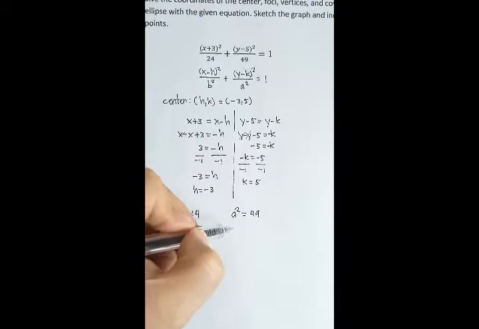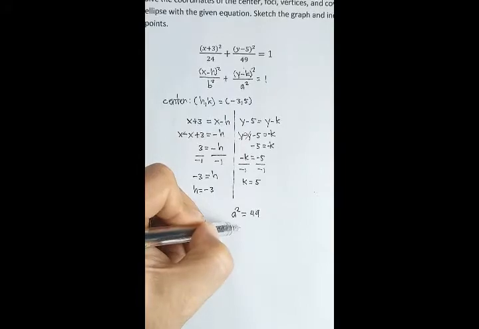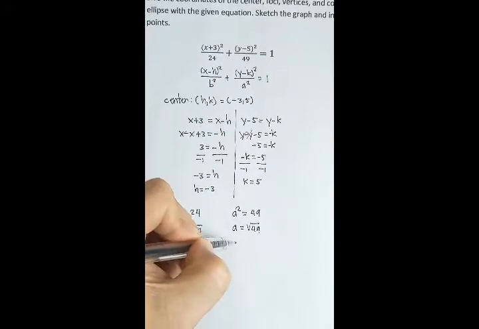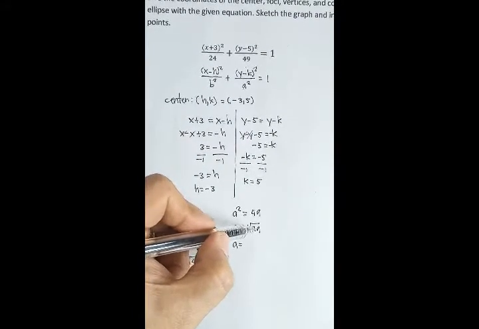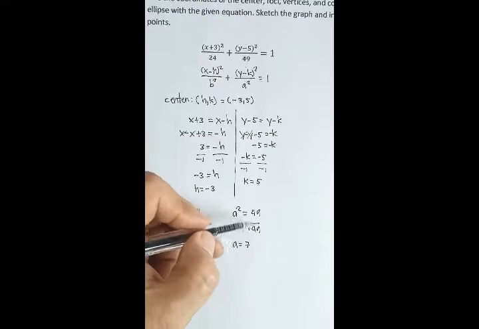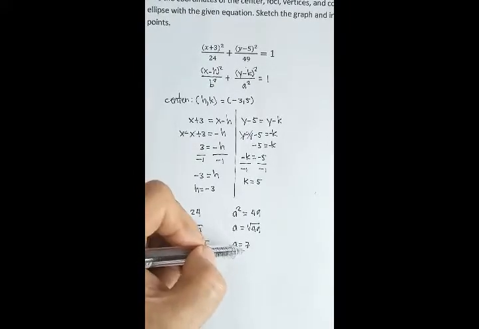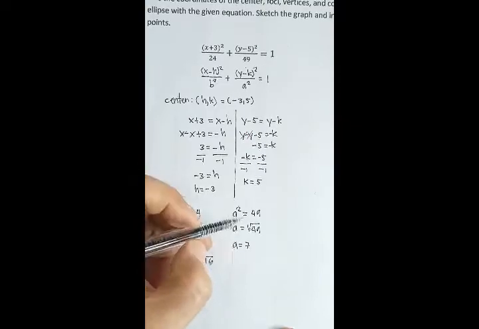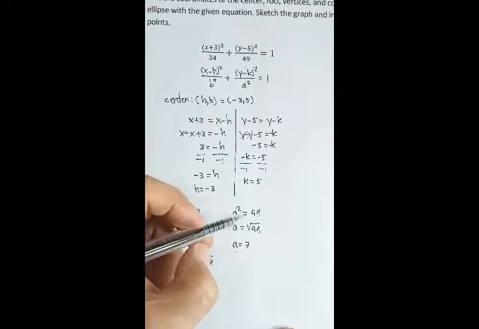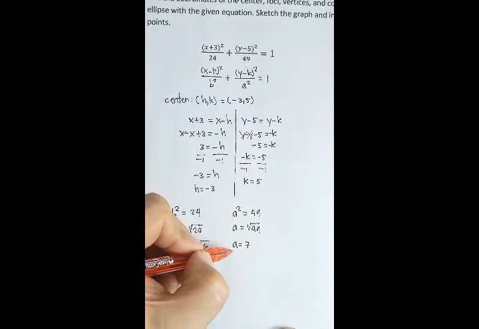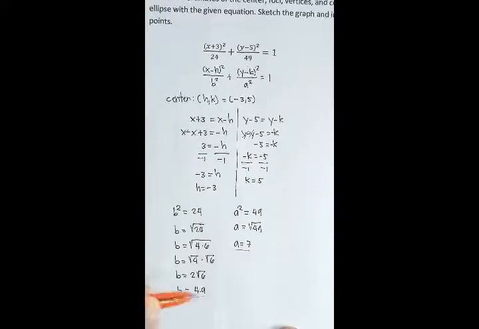Then, taking the square root, a is equal to the square root of 49, which is 7. So, 49 is a perfect square, so our number is an integer, not a decimal. So, a is equal to 7 and b is 4.9.